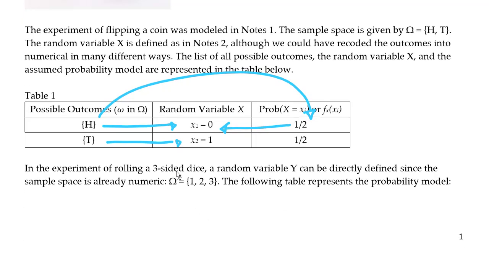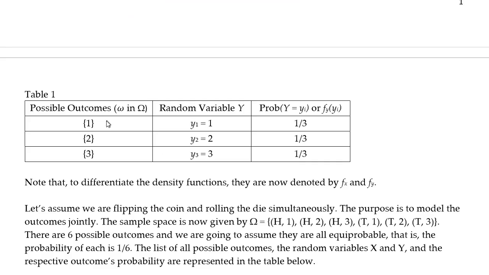Now, consider the experiment of a three-sided die. It's very easy to define the random variable because the outcomes are already numerical. So here we have the possible outcomes, 1, 2, 3. I'm going to define the random variable, I'm going to call it y. The values are 1, 2, 3. It's very easy to recode. And I'm going to model this die as perfectly balanced.